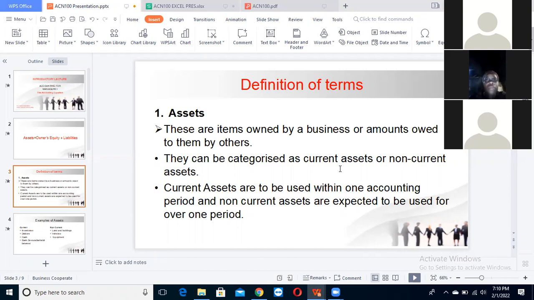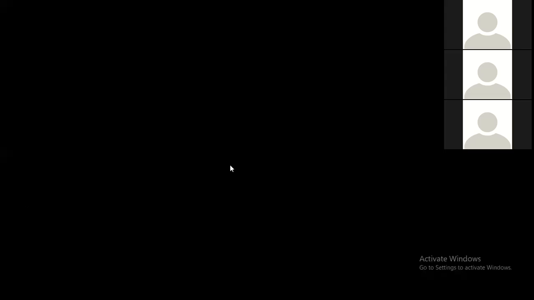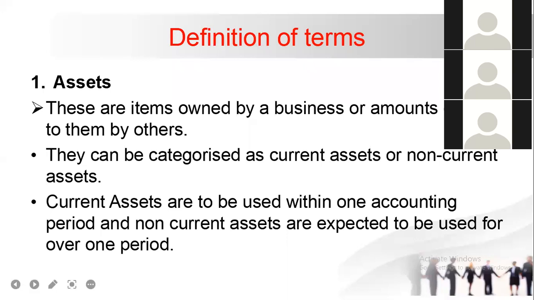An accounting period is composed of 12 months. So if we expect to use something for 12 months or less, we call them current assets. And if we expect to use something for more than 12 months, we call them non-current assets. So the current or non-current nature of an asset is determined by the time we are going to use that asset for.